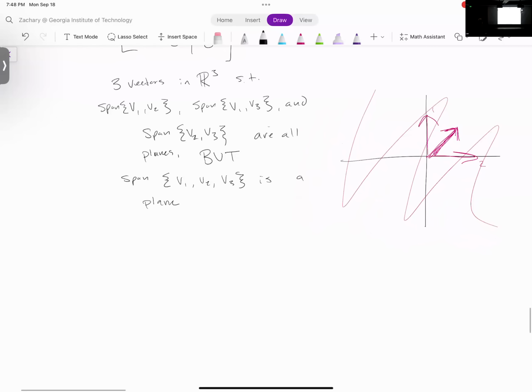To think about it in terms of pivots, we'll start with span of V1 and V2. Someone give me 2 really easy non-zero vectors that span a plane. 1, 0, 0, 0, 1, 0. That's perfect. Okay, how many pivots do we have? Okay, what do they span? A plane in R3. Okay.